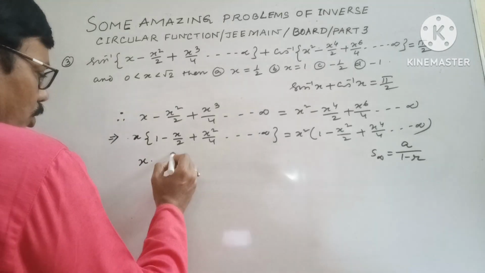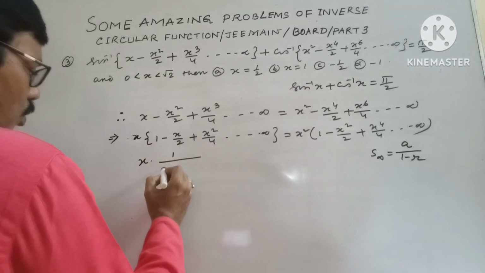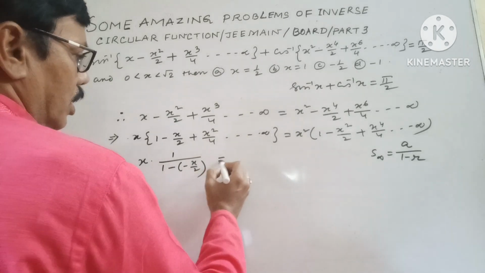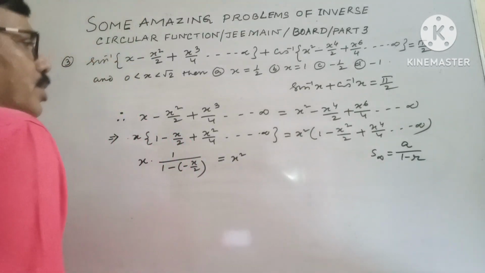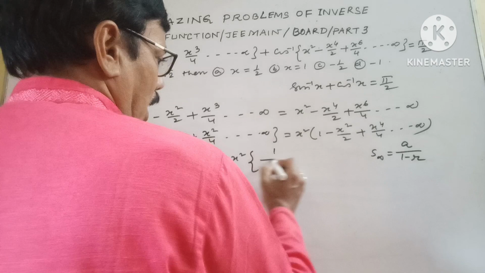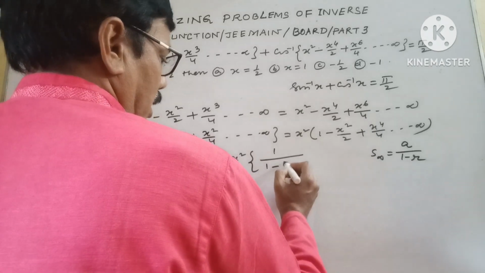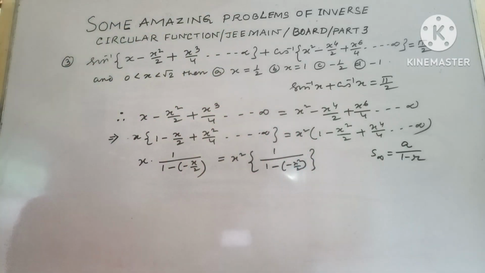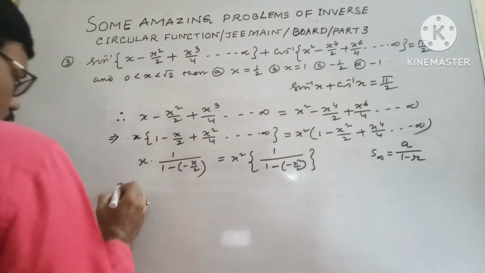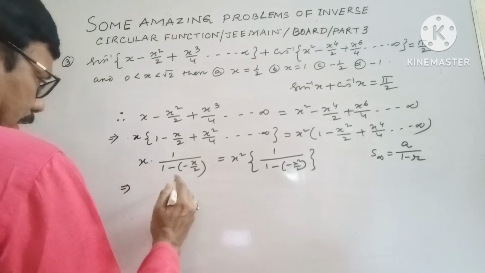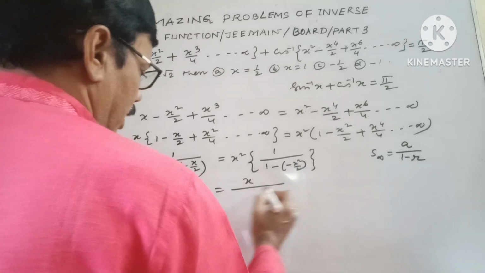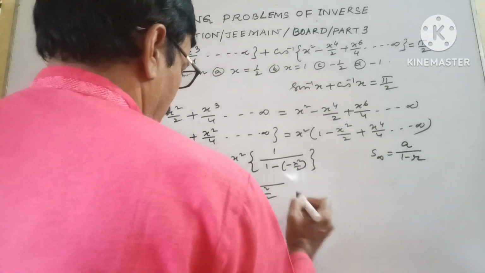So x into, what is a? The first term is 1. 1 minus r, and r is minus x by 2. Then x square unchanged, so 1 by 1 minus the common ratio, minus x square by 2. Now one restriction is given, x not equal to 0, so you can cancel x. So 1 plus x by 2 equals x by 1 plus x square by 2.